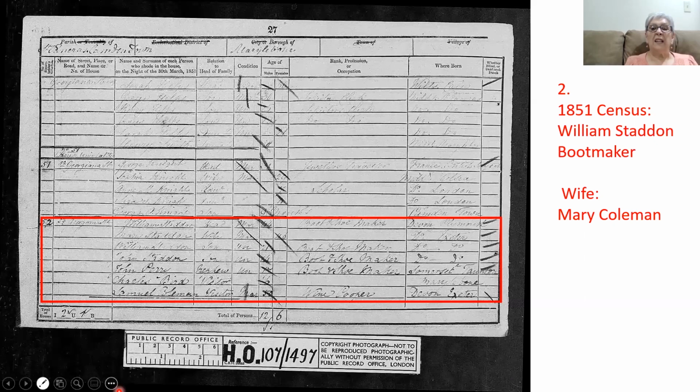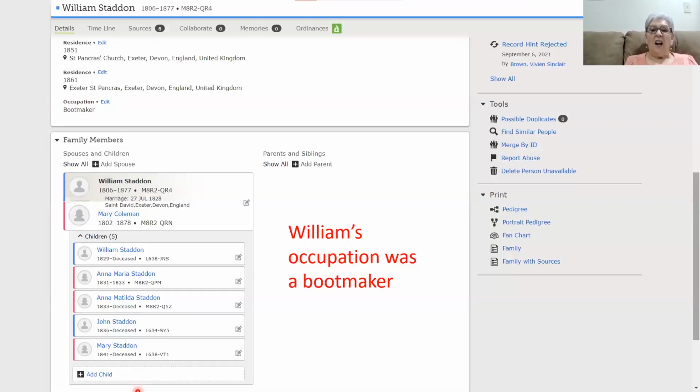And he was a bootmaker. You can't see it very well, I'm sorry, it's just very faint. But he was a bootmaker, and his wife was Mary Coleman. And you can see here, there's a Samuel Coleman who's a visitor that kind of solidified that. So there was William, and there's his children. They were all at Exeter.